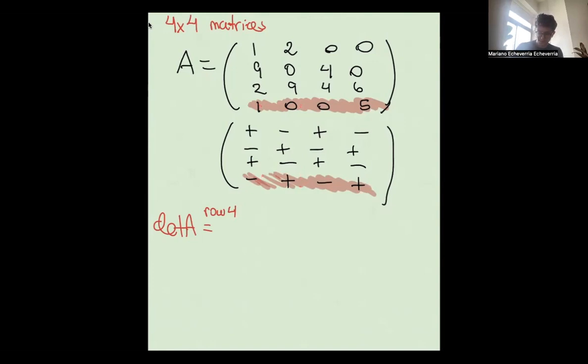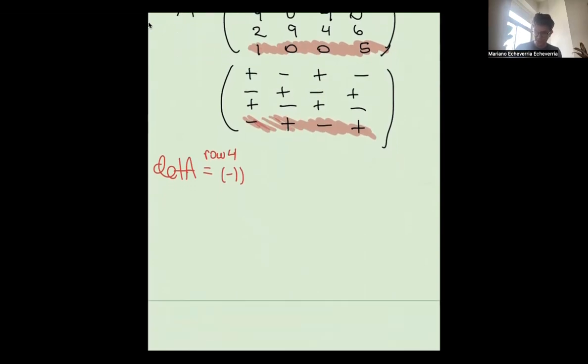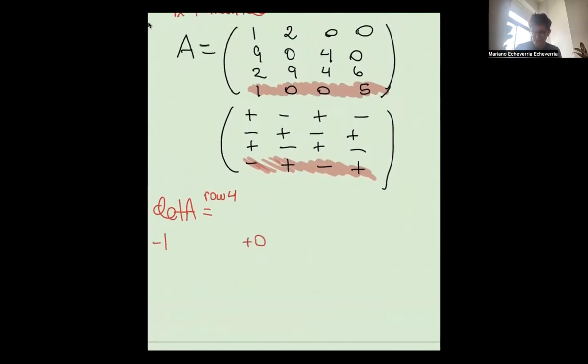So it is 1 times negative, I mean, it becomes -1, plus 0. Then minus, this one would have been -0, but of course it doesn't really matter. And then plus 5. I definitely will need more space, so I'll just put it in 2 lines.